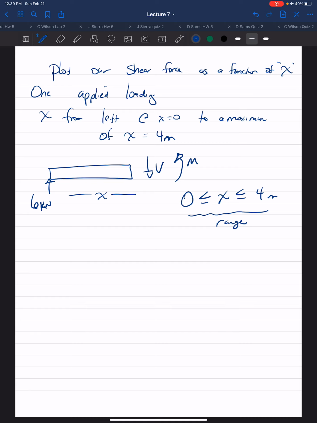So here comes the interesting part. The distributed loading is rectangular, which means it's the area under the loading curve, base times height. And when we did our initial free body diagram for the beam as a whole, we did the base 4 meters times the height of the loading, 3 kilonewtons per meter. But now we want to do it as a function of x. So this base now will be written as a function of x.